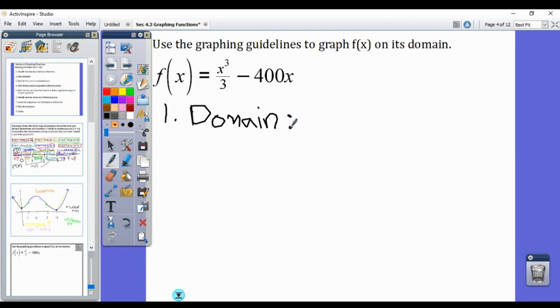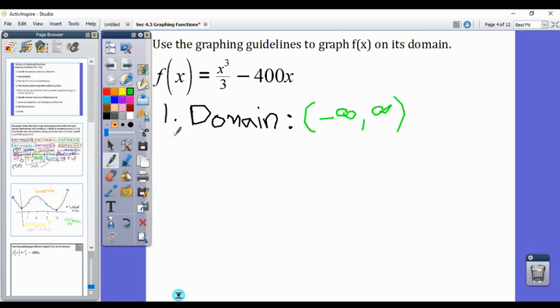Okay, so in this case, are there any restrictions that you can see? And the answer is no. So this domain is continuous all the way from negative infinity to positive infinity.